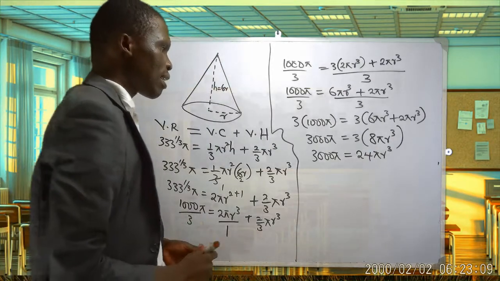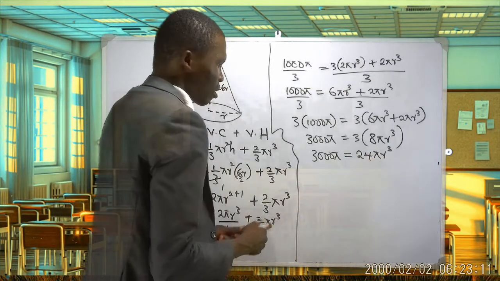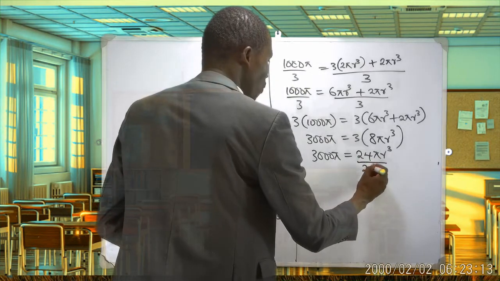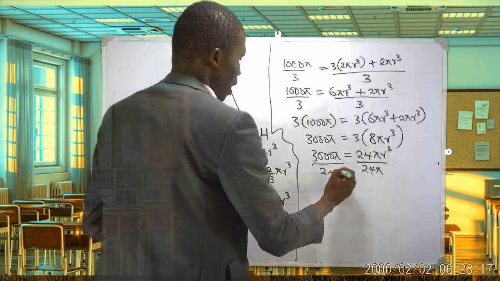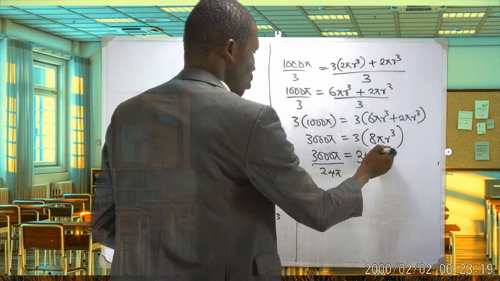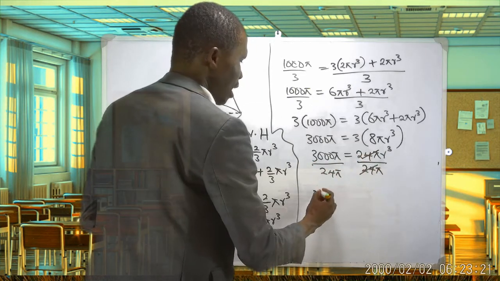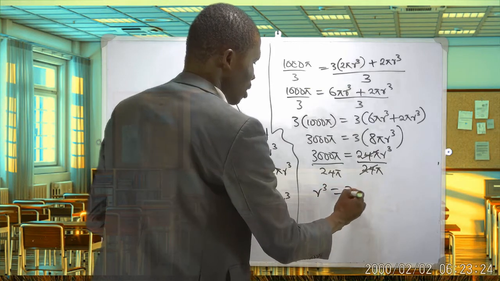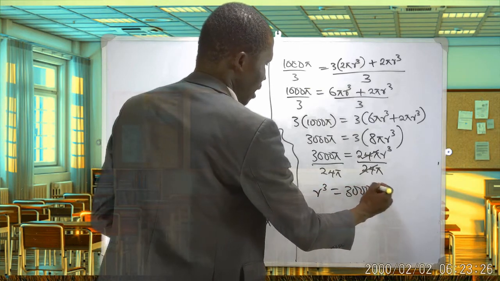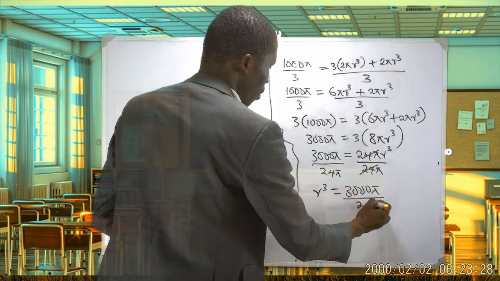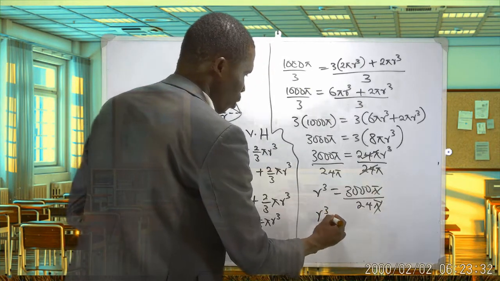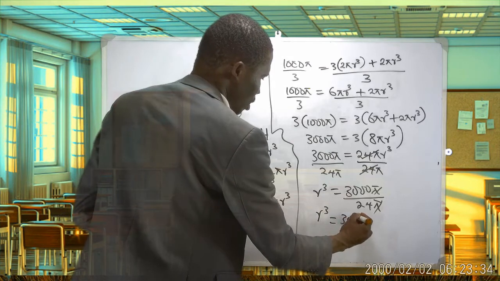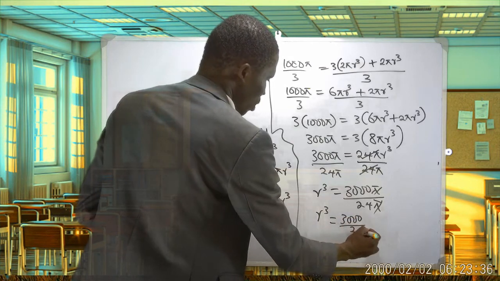Now remember that we are looking for r, so we divide this by 24 pi, and divide this by 24 pi. This will cancel this, and r cube will give us 3000 pi all over 24 pi. Pi will cancel pi, so r cube will give us 3000 divided by 24.